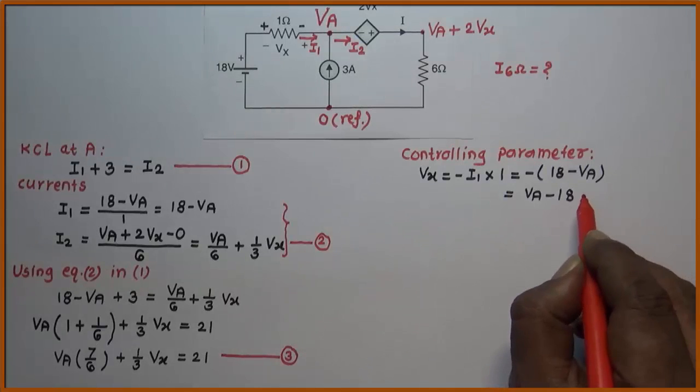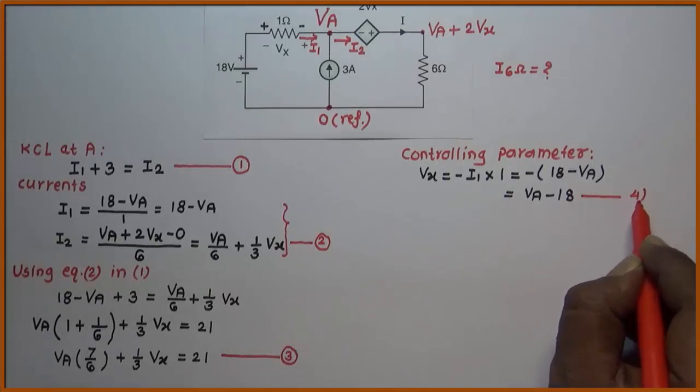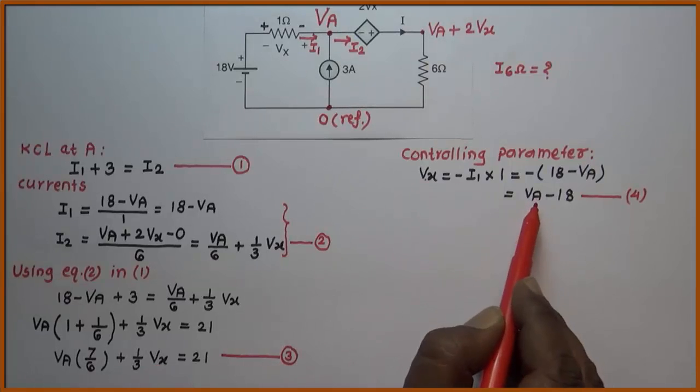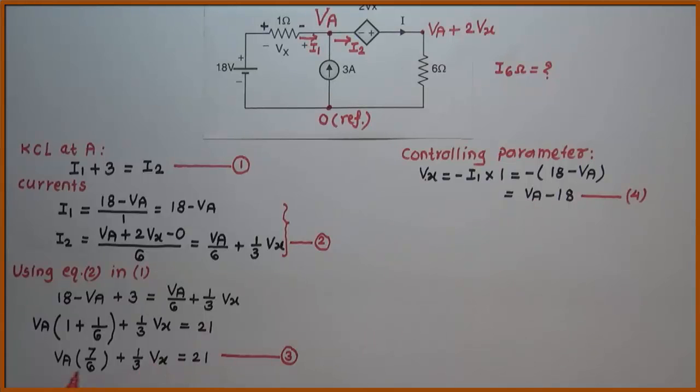Say this is equation 4. Now, using this value of Vx in equation 3, Vx is expressed here in terms of Va. When you substitute this value here, I will get one equation totally in terms of Va.